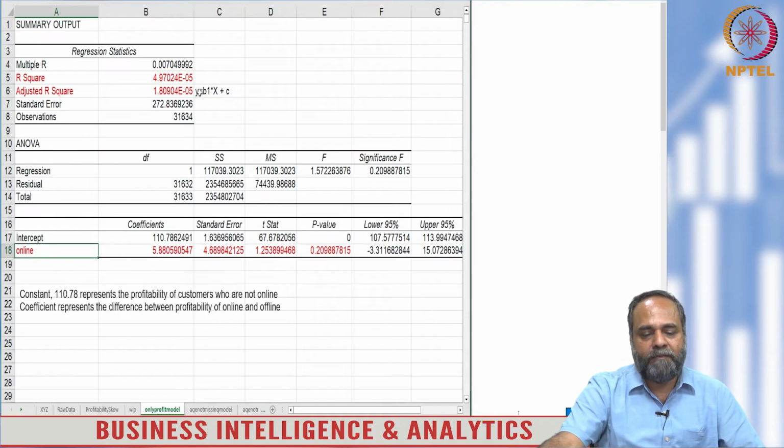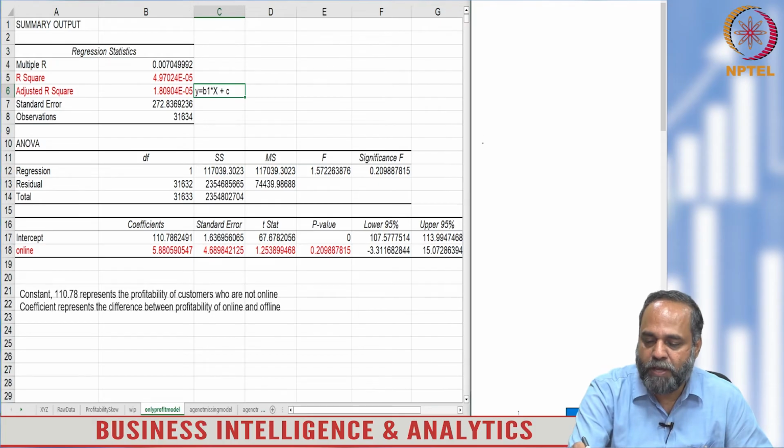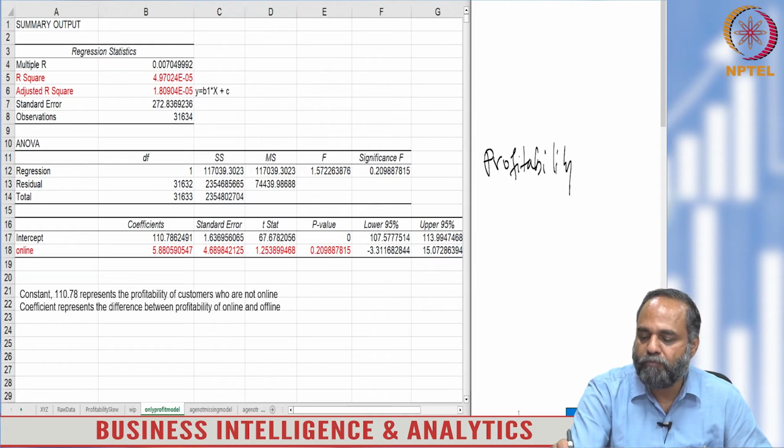In a model like this, I am suggesting profitability is equal to B1, which is my coefficient, into online.